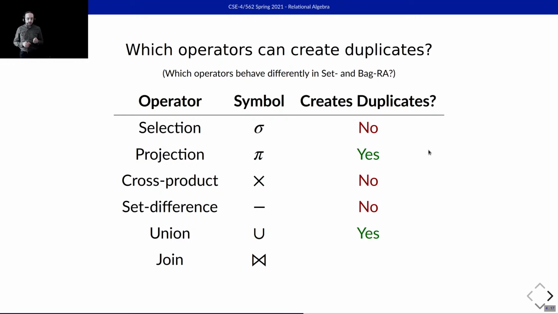Selection can't introduce any new duplicate values. So if my inputs to the cross product are sets, then my output is going to be a set. That means the input to my selection is a set, and the output is also going to be a set. Because I've asserted that selection and cross product don't create duplicates, you can use that information to prove to yourself that join also will not create duplicate values. It's a little bit of a taste of what we'll talk about on Thursday.